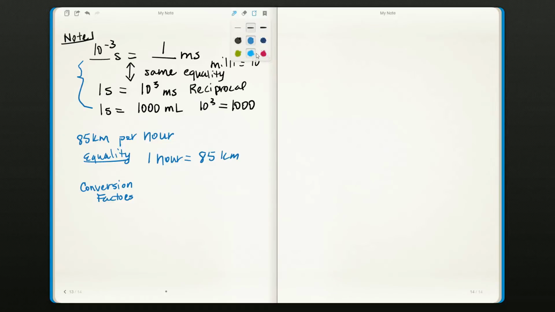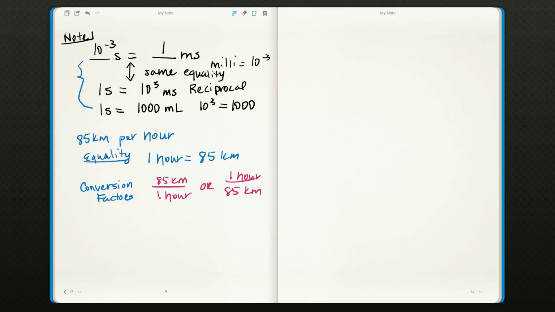Hopefully you guys got this in your head now. So 85 kilometers over 1 hour, or 1 hour over 85 kilometers. So the way that we're writing this actually means the same thing.